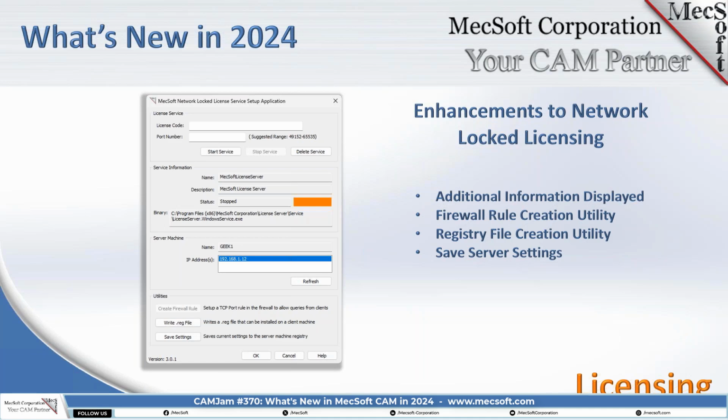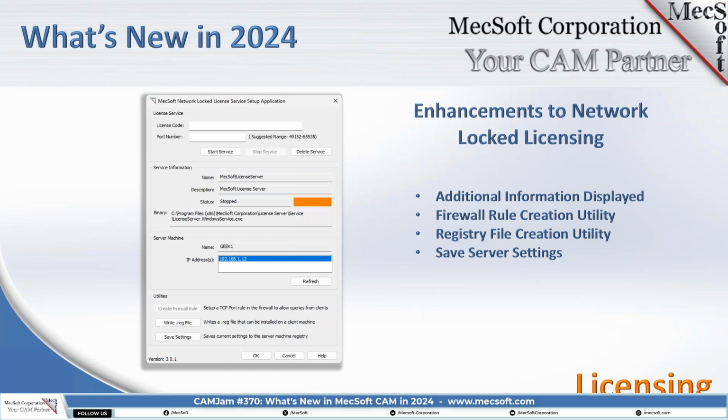We have additional information displayed, which can help the IT person figure out where the executable exists, which was a big question that a lot of people had in the previous release. We've also added firewall rule creation utilities to allow standard firewalls to open up the channels for communications. And then we also had a registry file creation utility.